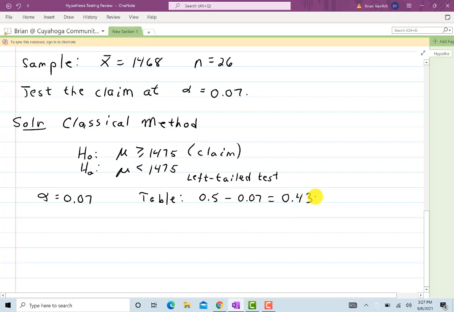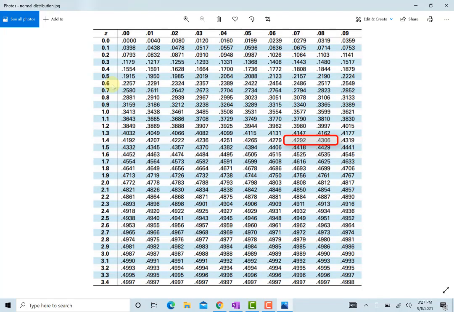Now come to the table. So I'm looking for 0.43 in this region here. If you can follow the pen, I have two markings, 0.4292 and 0.4306. The closer one is 0.4306. So let me follow what z value that corresponded to.